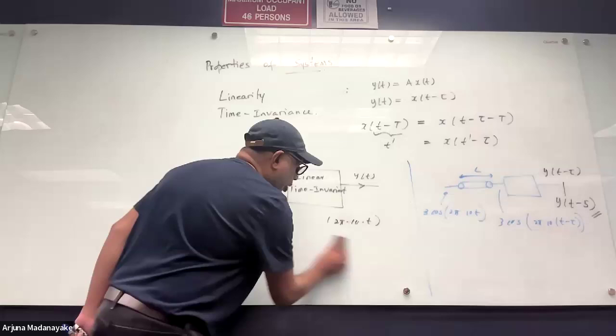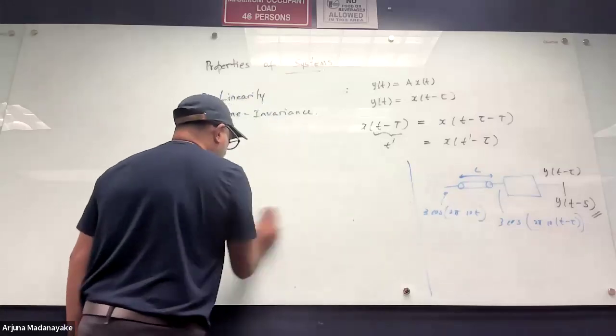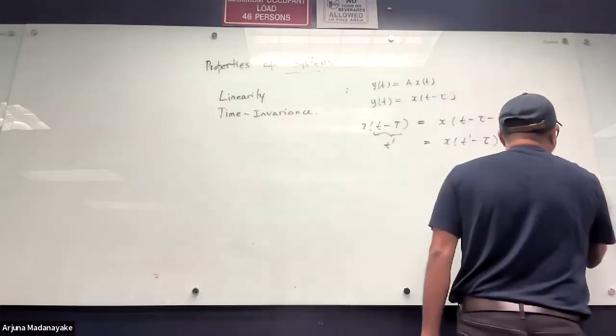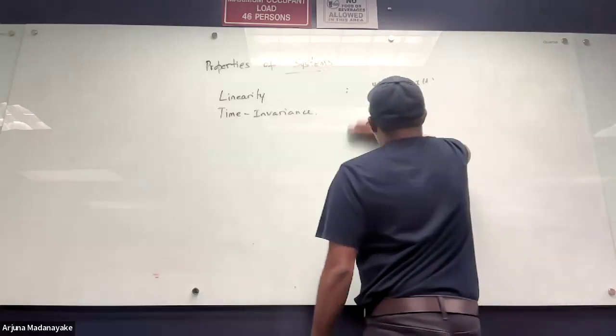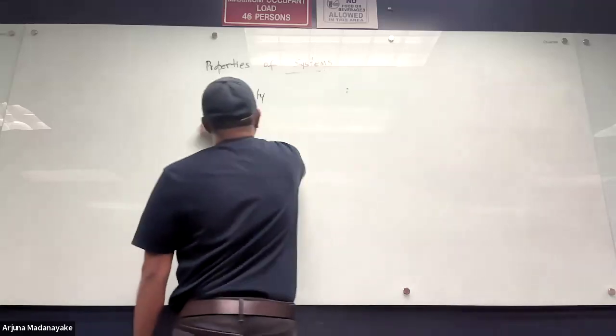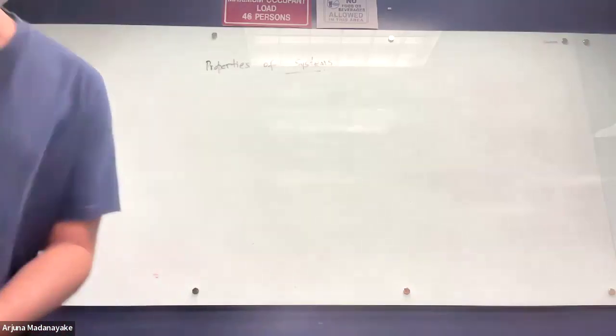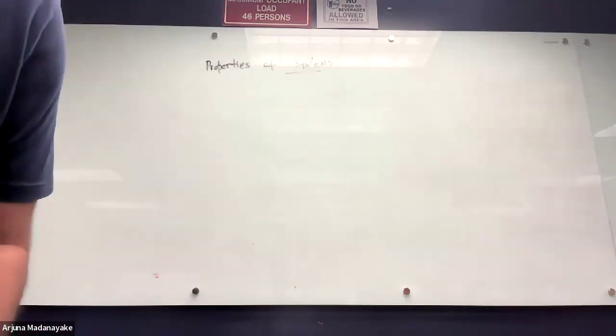So let's do one more bit of math and then we'll close for today. So we call this the linearity property of LTI systems.